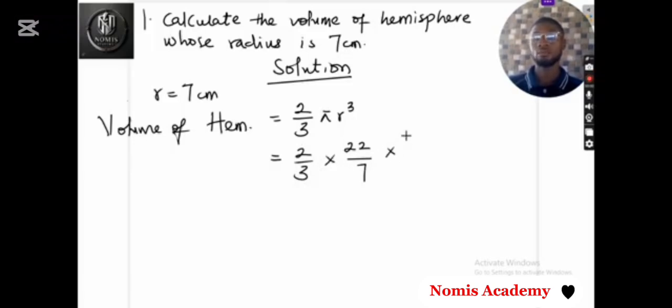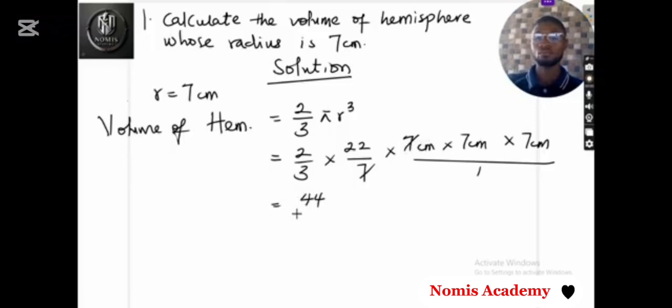Now multiply by 7 centimeter, multiply by 7 centimeter, multiply by 7 centimeter, all over 1. So 7 here cancels 7. So I'm left with 2 times 22 should be 44/3. Multiply by 7 times 7 is 49. So while I have 3 centimeter, multiply all, so that will be centimeter cube over 1.